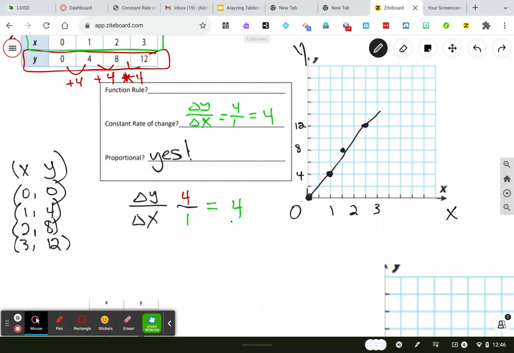So in this case, my x to y, I would take the function rule. Let me just write this like this.